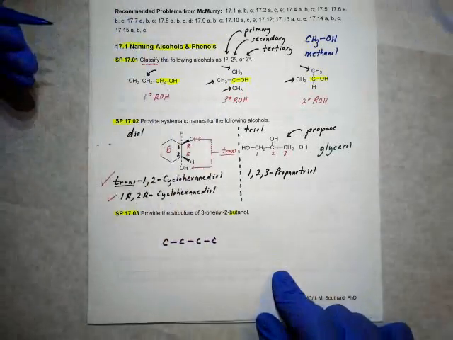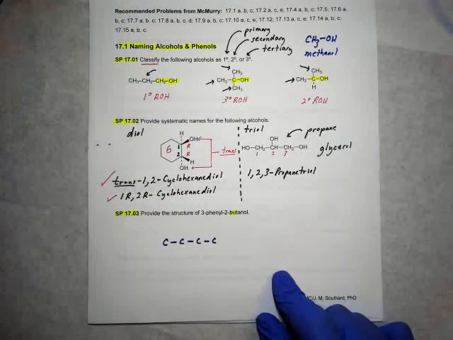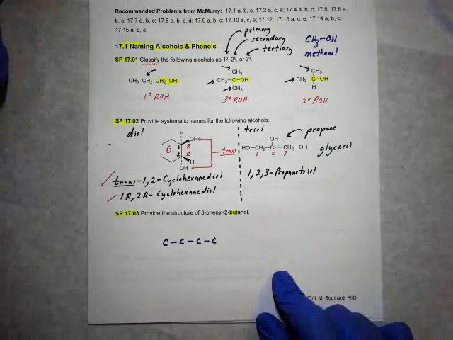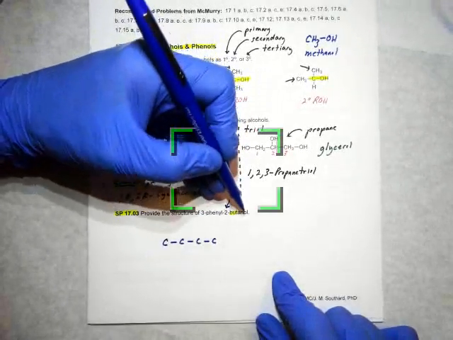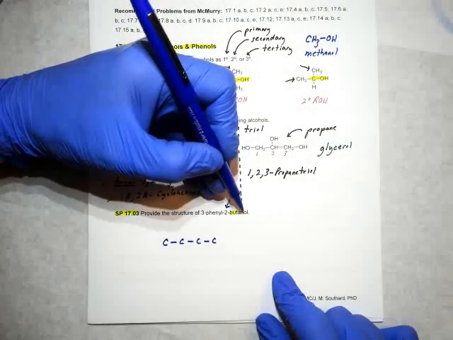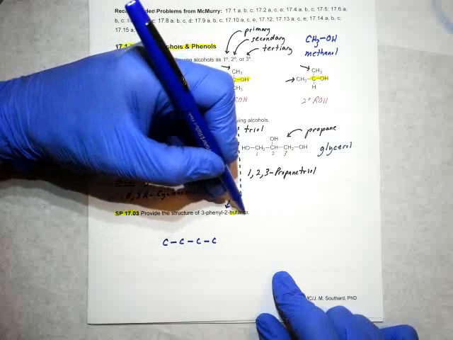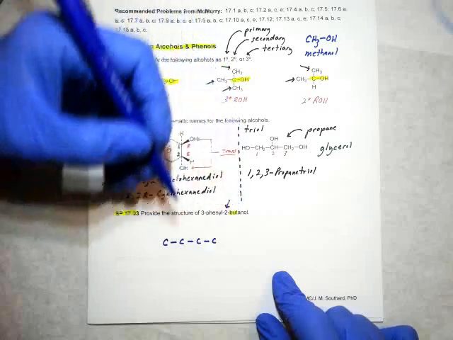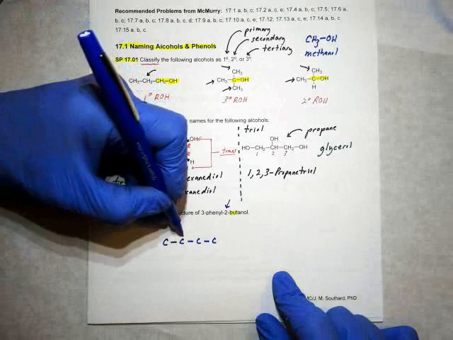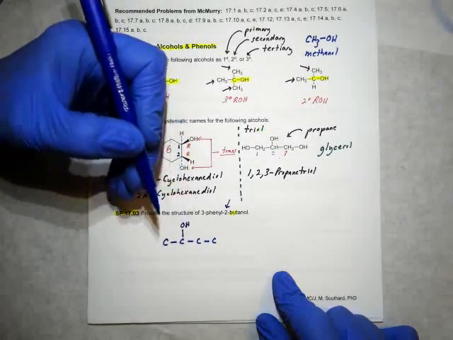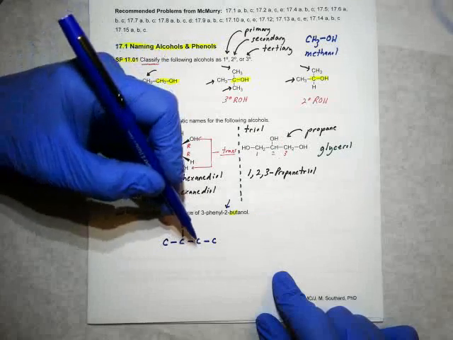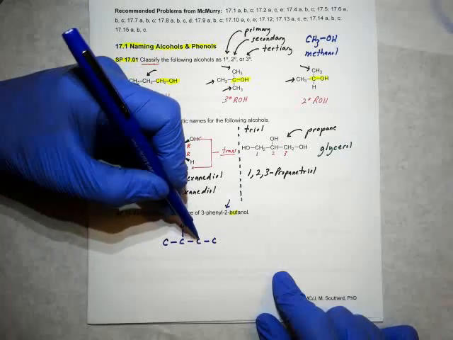Okay, so there's my 4-carbon unit. Now let's address what's attached to that 4-carbon unit. This 2 tells us that we have what? An OH, because it would be 2-butanol. So it's incumbent upon me to recognize that that OH could go here if we're numbering left to right, or it could have gone there if we're numbering from right to left.